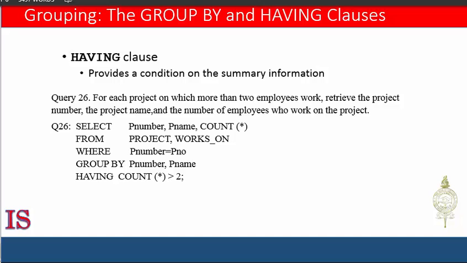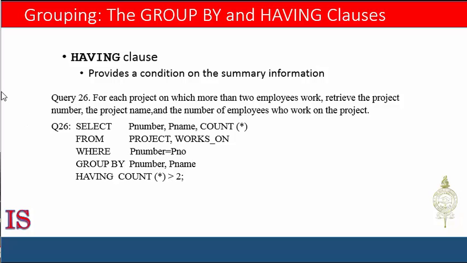Only the groups that satisfy the condition are retrieved in the result of the query. This is illustrated in query 26. Notice that while the selection conditions in the where clause limit the tuples to which functions are applied, the having clause serves to choose whole groups. Let's take a look at it.